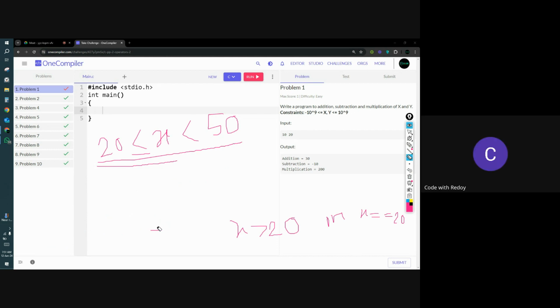Now, like you are going to ask your friend to give you a value between 20 and 50, and you can put the 20 and 50 also. So can you tell me for this part where I should change?